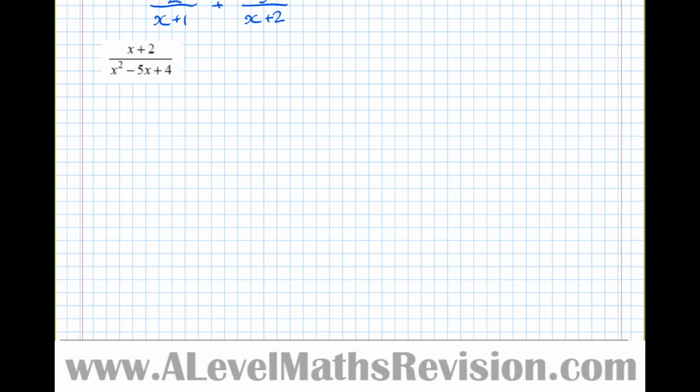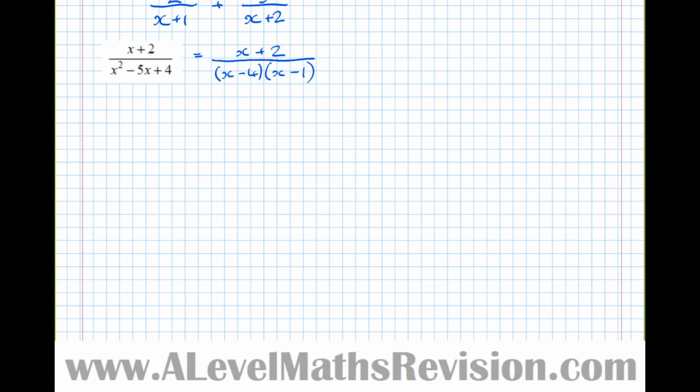The first thing to do is to factorize this. And our identity now, we want that to be identical to a over x minus 4 plus b over x minus 1.